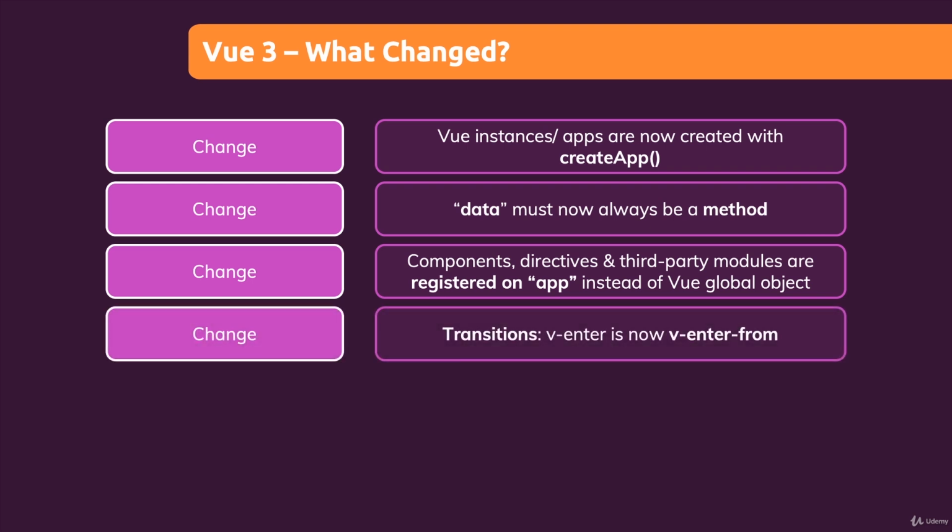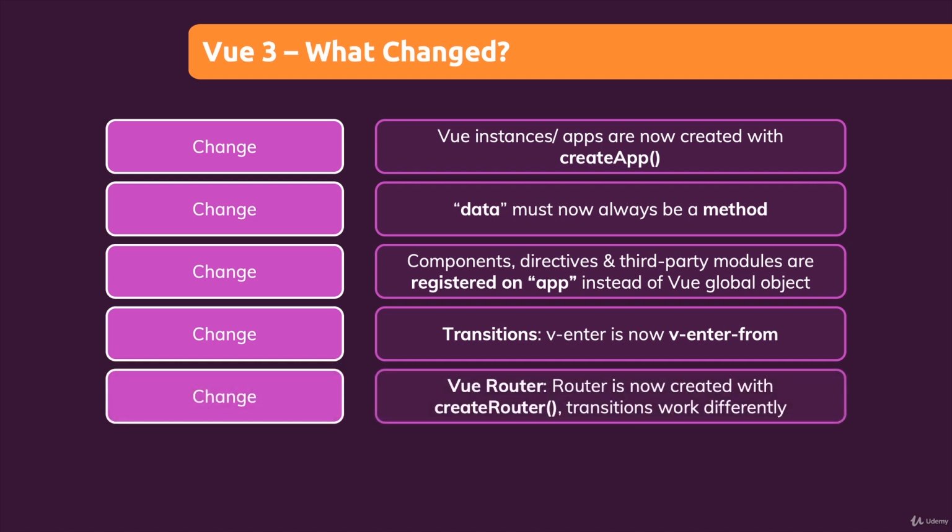If you're using transitions in your app, the transition component's CSS class name changed. The -enter class is now -enter-from, and I'll show this in an example as well. And that's almost it when it comes to just Vue. As I mentioned, check the official migration guide for all minor changes as well, but these are the most important changes you should definitely know.